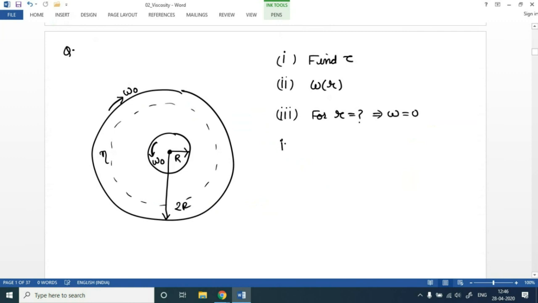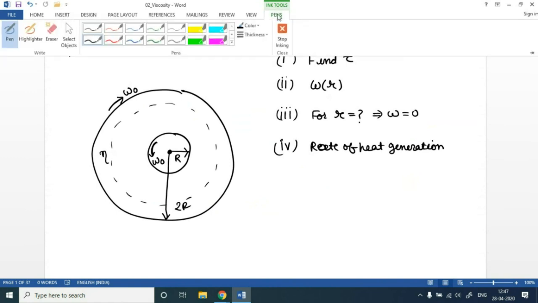And the fourth thing is the rate of heat generation, because dissipative forces are doing work inside this system, which is negative, and that negative work done by the dissipative forces appears in the form of heat. So we are required to find all these things.